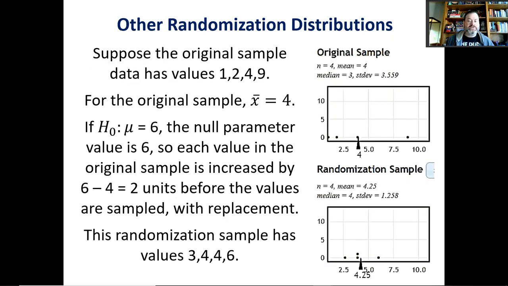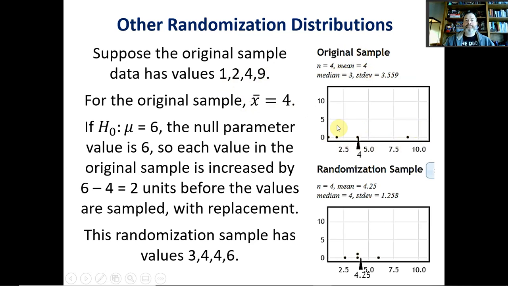So let's see how that works. Here's a nice little example I did in StatKey just to show you how it works. Let's say our original sample has data values 1, 2, 4, and 9. So here they are, 1, 2, 4, and 9. The mean of this distribution is 4, right? Because this adds up to 16. So the sample mean is 4.